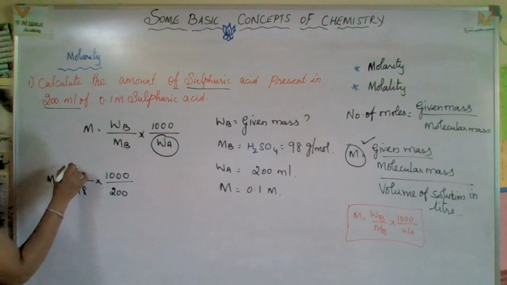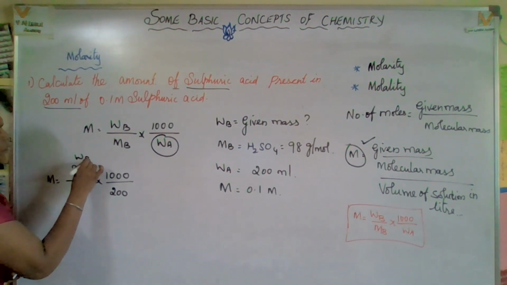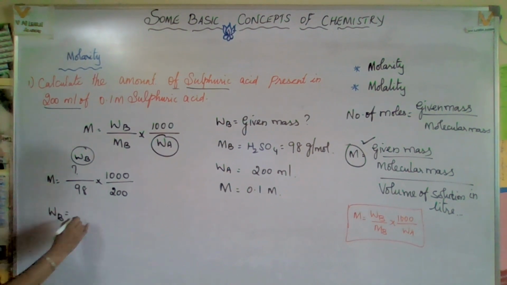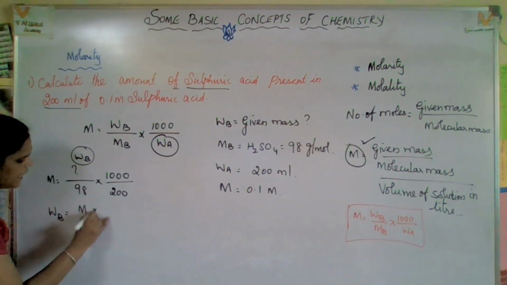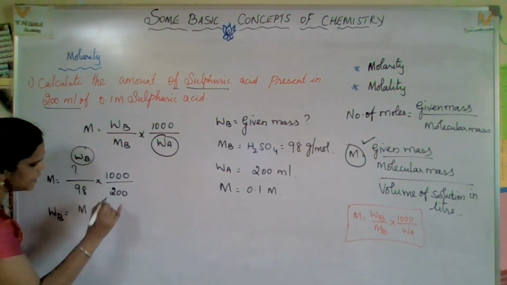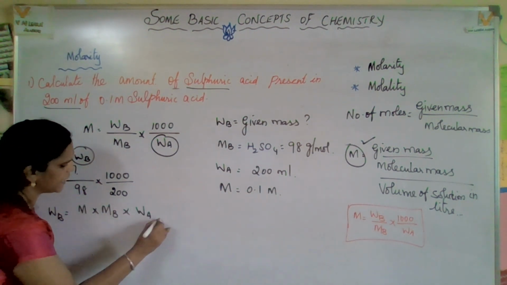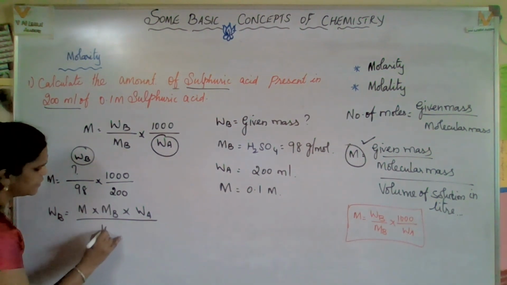They did not provide WB, so WB equals molarity into molecular mass of the substance into volume of the solution WA divided by 1000.